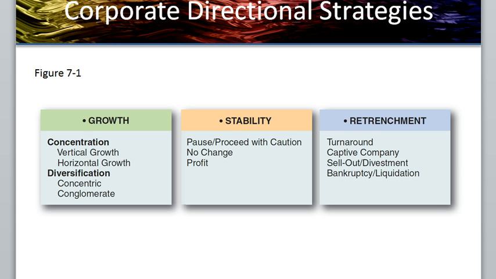Now, as I talked about before, there's three corporate directional strategies. Growth, which is probably the most common, you typically want to do when you're in an industry where there's growth, or you have a small amount of market share and you're looking to get a larger amount of market share. You could concentrate on vertical growth, which is looking to take over functions within the business chain.